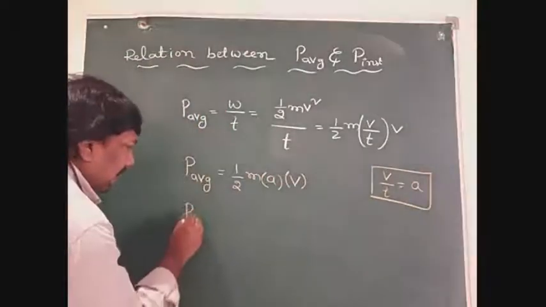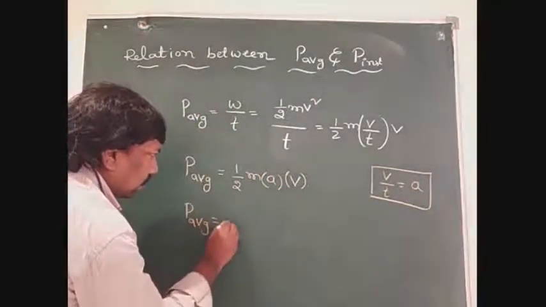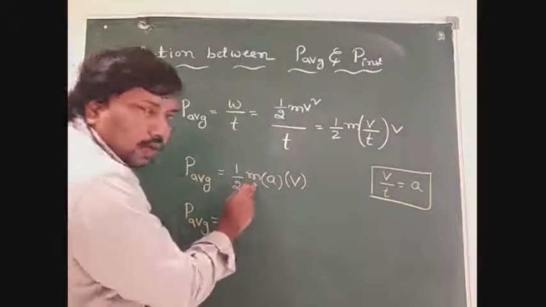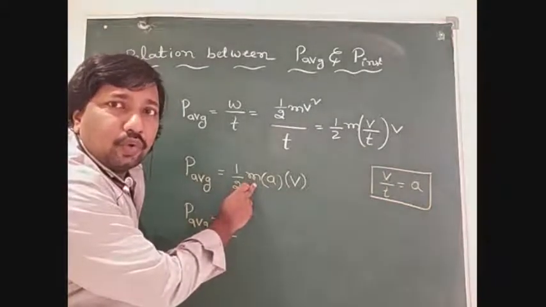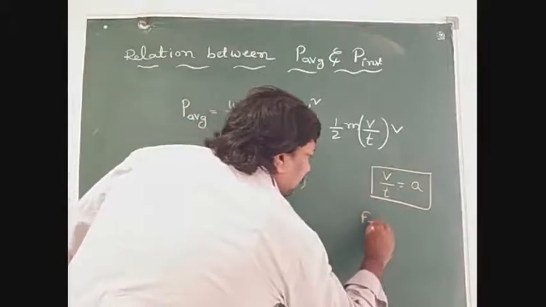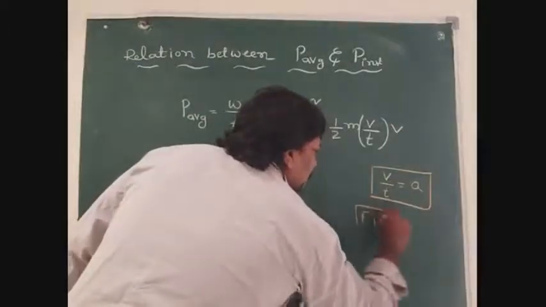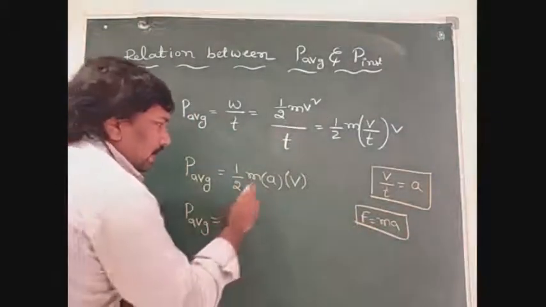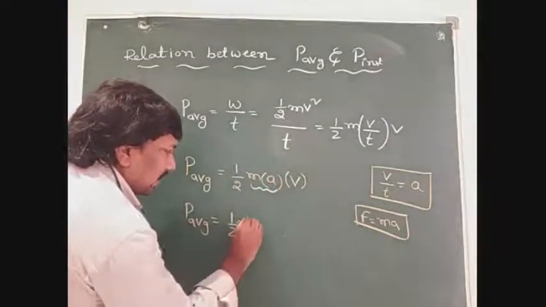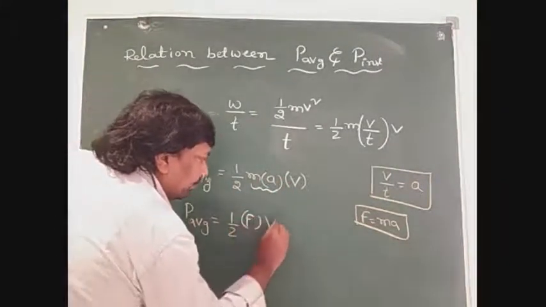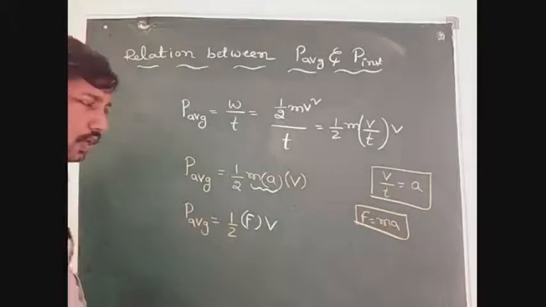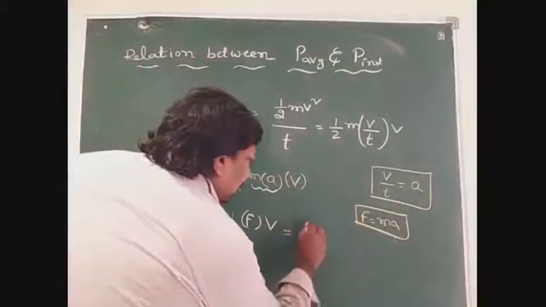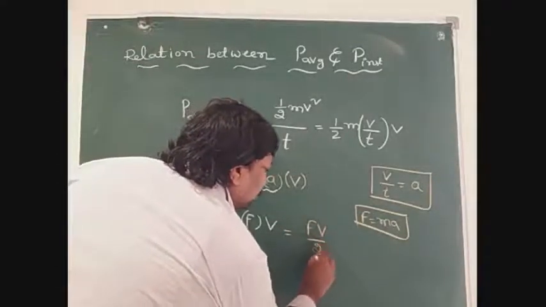According to Newton's second law, F equal to ma. So ma is treated as F, into v, where v is the velocity. Therefore P average is equal to Fv by 2.